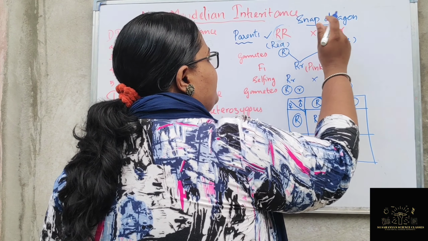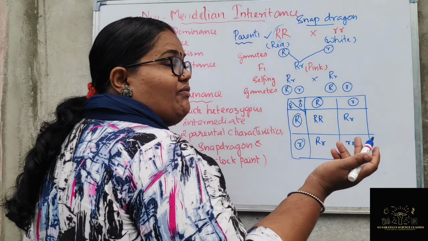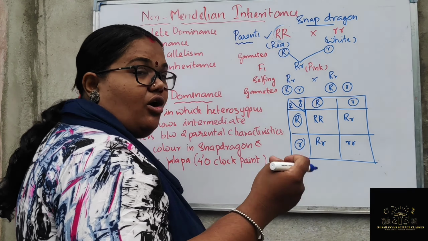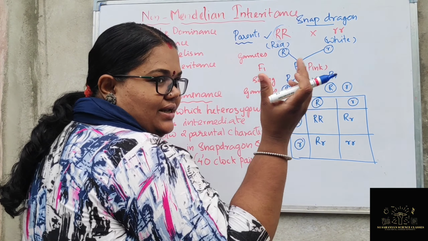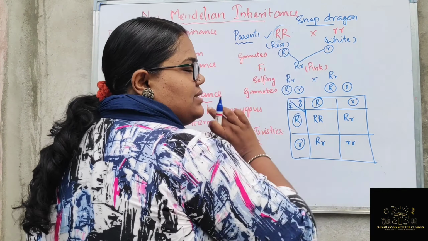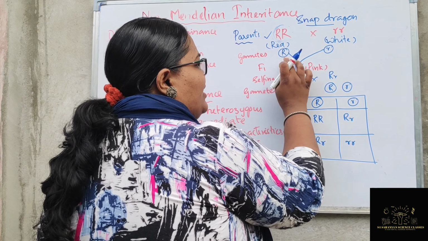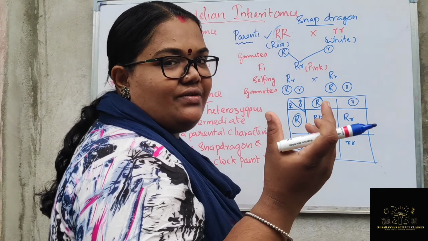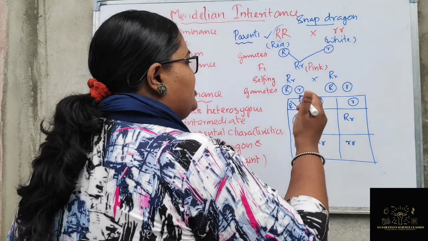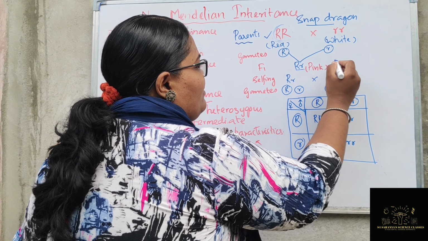So this is the dominant trait and this is the recessive trait. Whenever gamete formation happens, according to the law of segregation, the characters separate and form the gametes. So we get capital R in one gamete and small r in another. Then in the F1 generation they pair to form capital R small r, which is a hybrid.